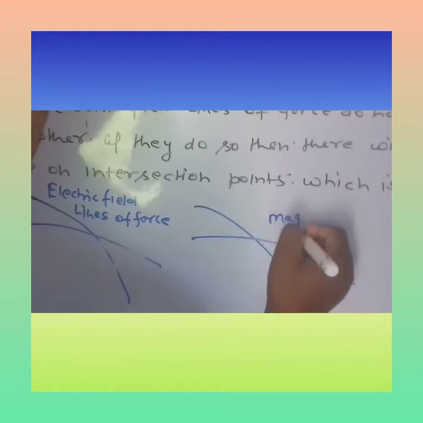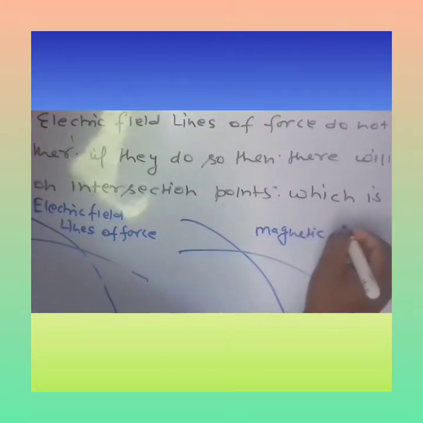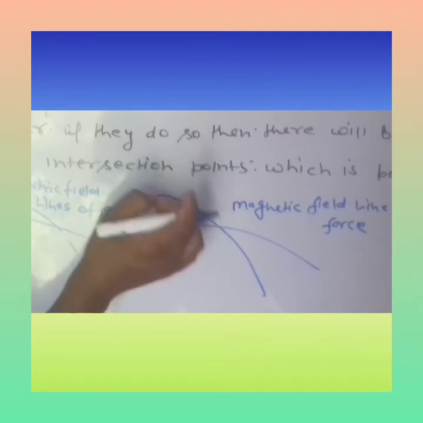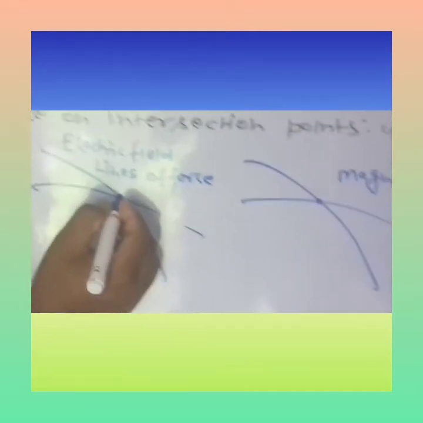And if these are the magnetic field lines of force, then this will also never happen. Two magnetic field lines of force never intersect each other, and two electric field lines of force, my dear students, never intersect each other.